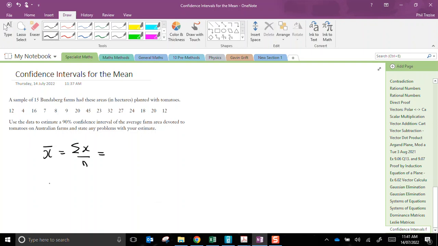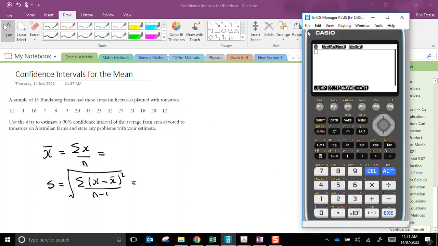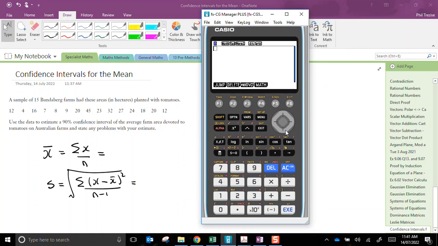Then the sample standard deviation is the square root of the sum of the scores minus the mean, squared, divided by n minus 1. Remember, n minus 1 for the sample. Now, I am not going to perform those calculations manually. That would be ridiculous.